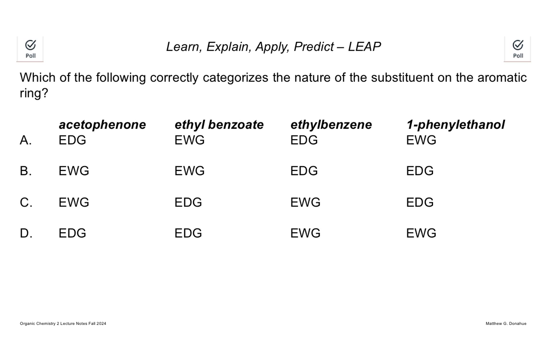So just as a review, which of the following correctly characterizes the substituent on the aromatic ring? Acetophenone, again, a lot of these compounds just use the common names instead of IUPAC, but acetophenone is this ketone. So there's a carbonyl group that has to be electron withdrawing, so we can eliminate A and D. Ethyl benzoate is an ester.